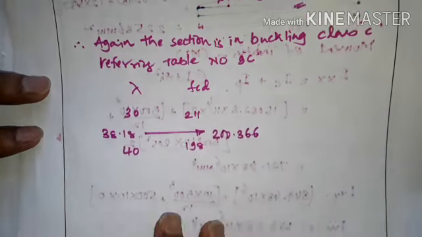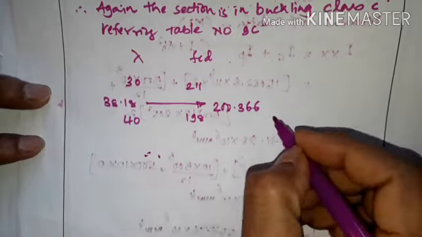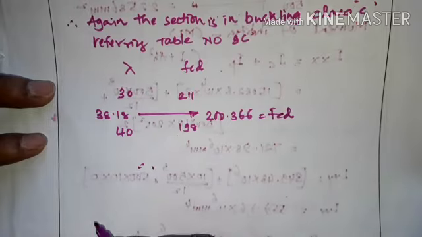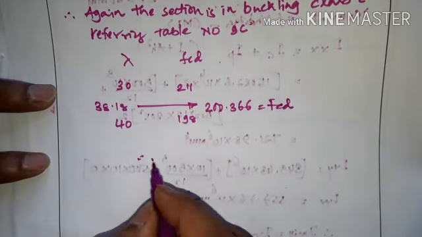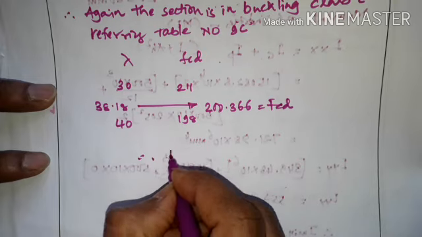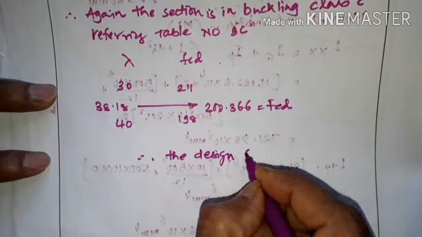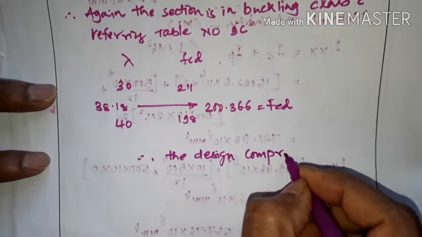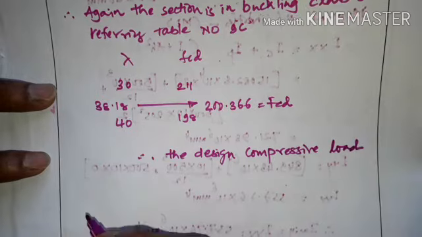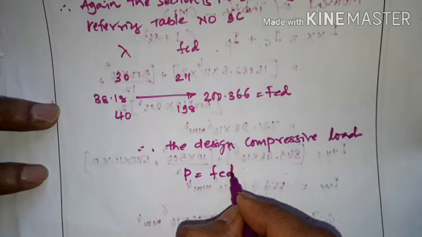Okay, so therefore our FCD value is 200.366. Therefore, the design compressive load P is equal to FCD into area.